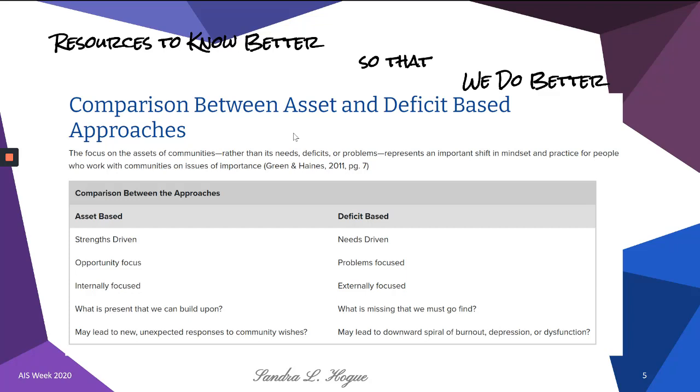Based approaches, because one of the things, once again, we want to think about with mirrors, windows, and sliding doors, as we saw on the other screen, we don't want to perpetuate stereotypes. We don't want a deficit mindset that says, woe is me, these poor downtrodden African American students from our urban community. I often describe it this way.